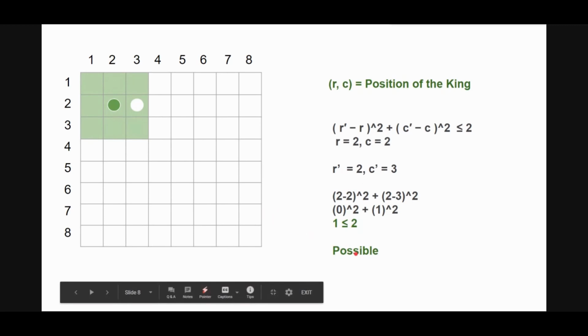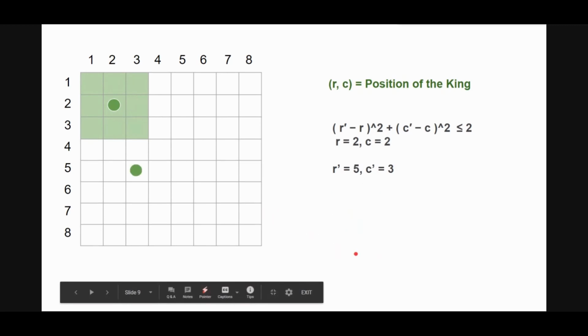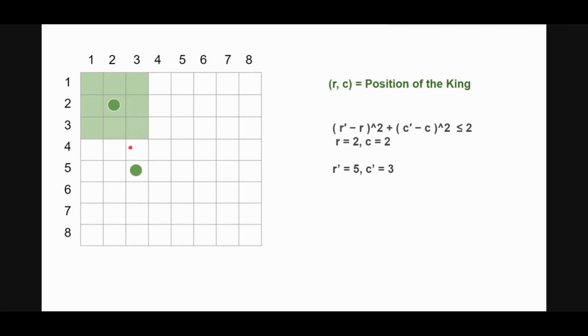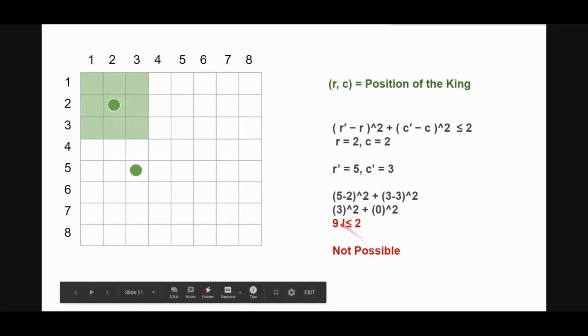So the condition is true. Now let us check r dash comma c dash as 5 comma 3, which doesn't fall under the shaded region. Here the final answer is 9, which is not less than or equal to 2. So the condition fails. So we can conclude that the condition is true for these positions.